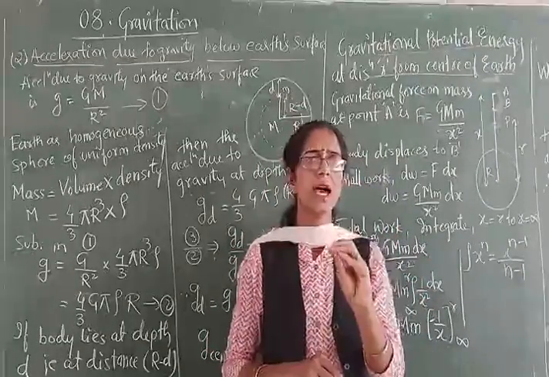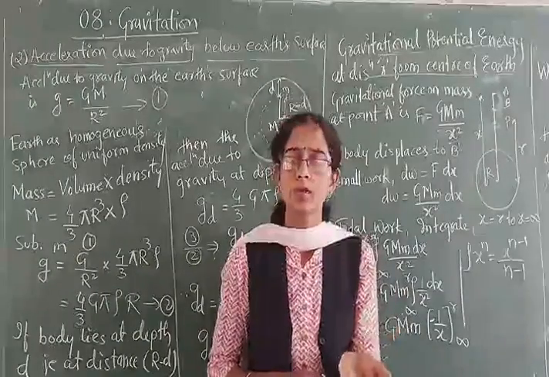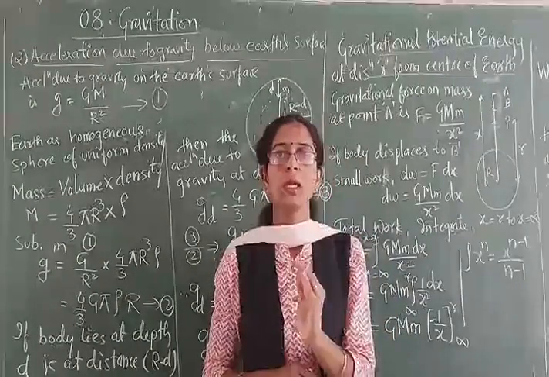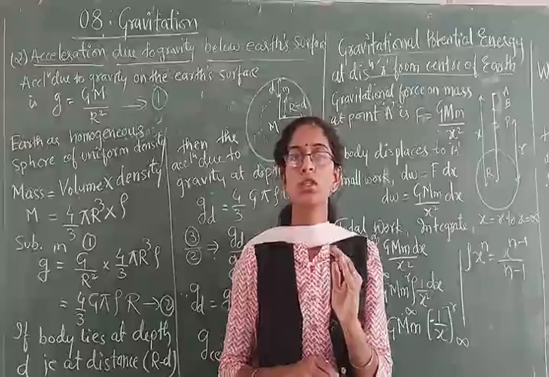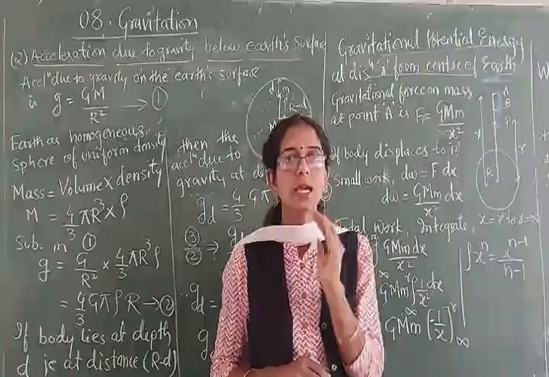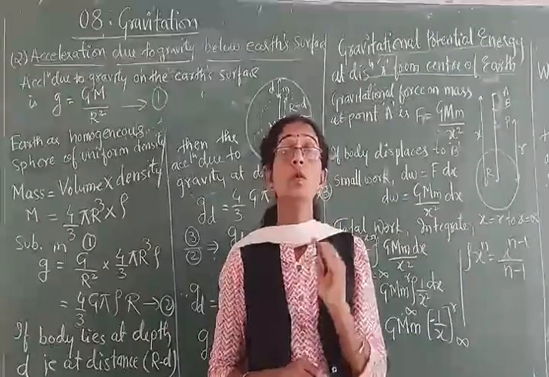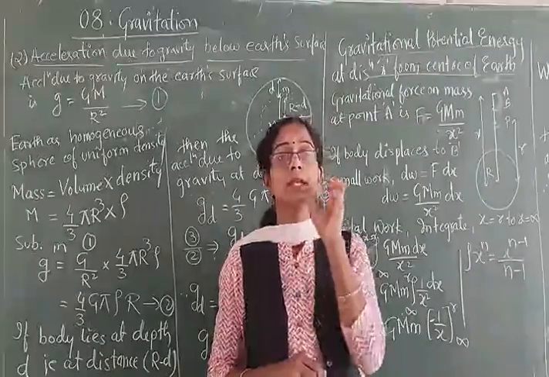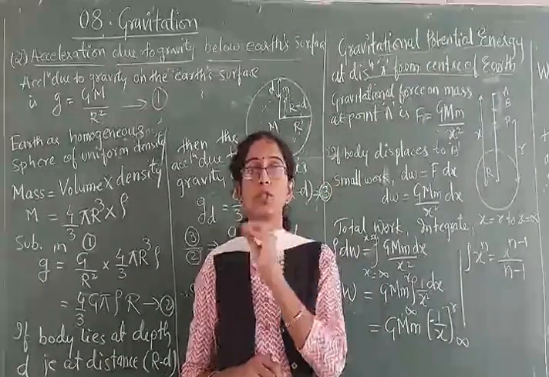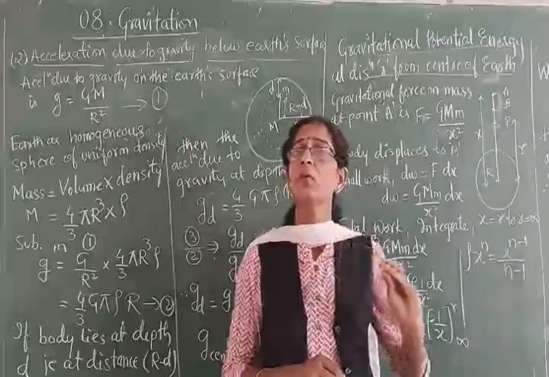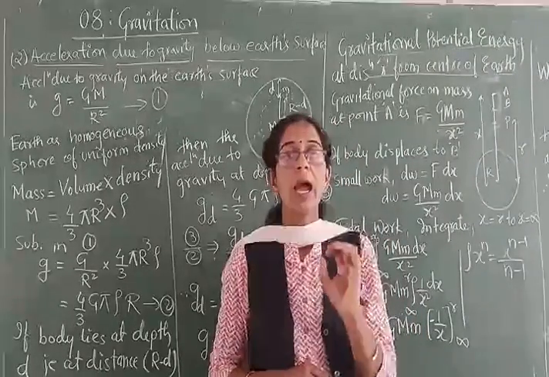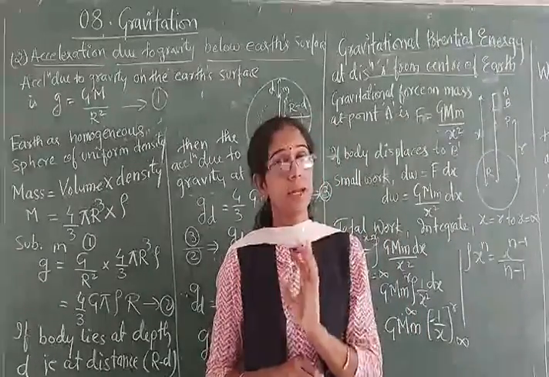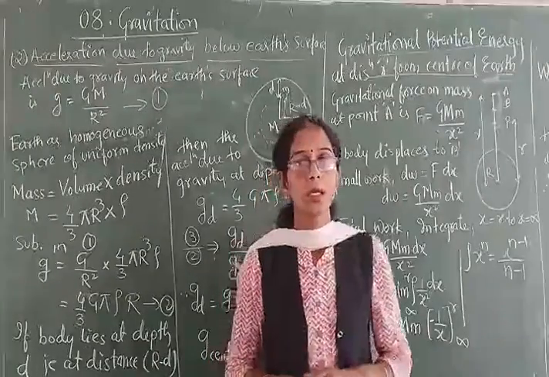Even if it is sand or other types of soil, the consideration made here when I derive the equation is a bit different. It is said that the earth is homogeneous in nature, meaning it has a uniform density value. That is the consideration we are making here.